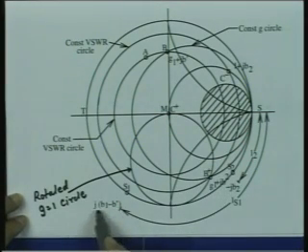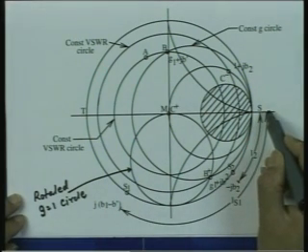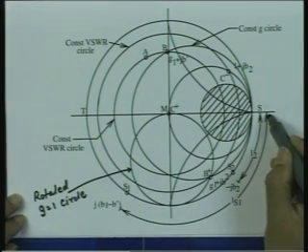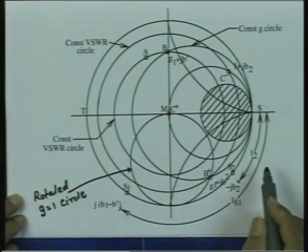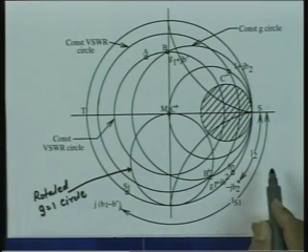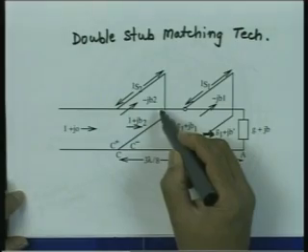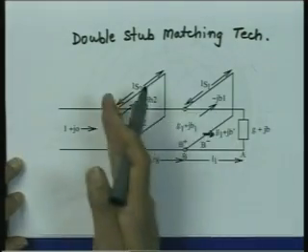So the difference is this, and if I move from this point away from the generator up to the short circuit point, I get a length which is the length of the first stub. So now by doing this I can get the length of this stub and the length of this stub. The location of the stubs is fixed now.